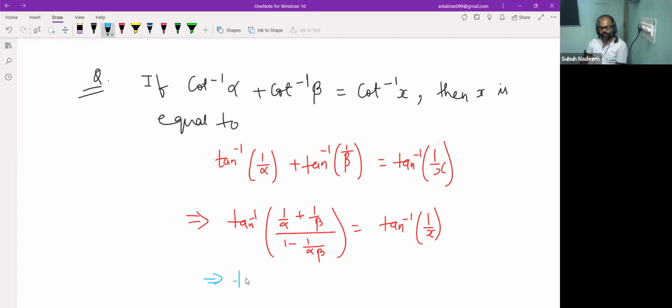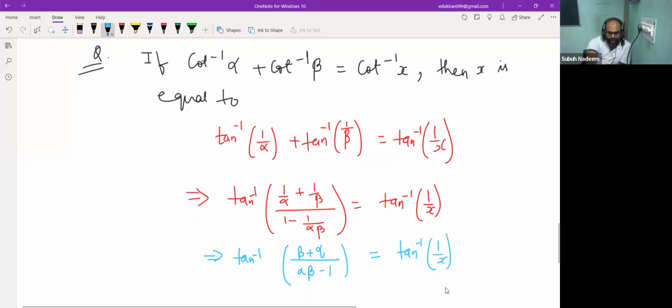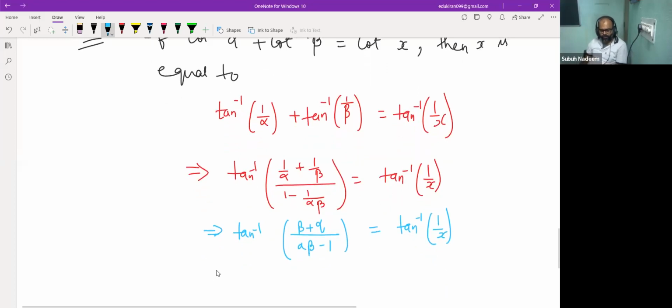Now you will write it as tan inverse of (beta plus alpha) upon (alpha beta minus 1), and alpha beta will get cancelled. Sir, I got the answer. X is equal to (alpha beta minus 1) by (alpha plus beta). Yeah, correct.